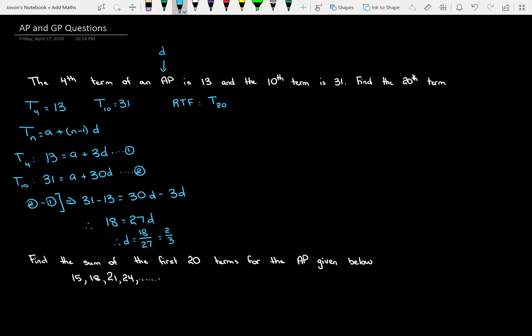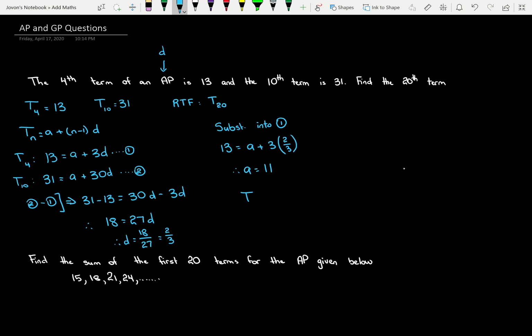Okay, so we know what d is, and given that we know what d is now, we can substitute this into one of the equations to find a. So we'll use 13 is equal to a plus 3d. Therefore a is equal to 11. Okay, now we know what a is, we know what d is, so could we not find the 20th term?